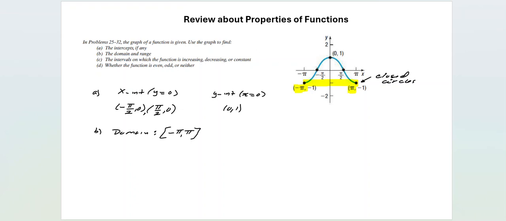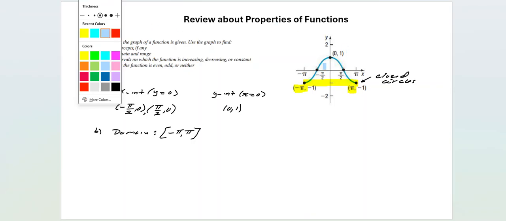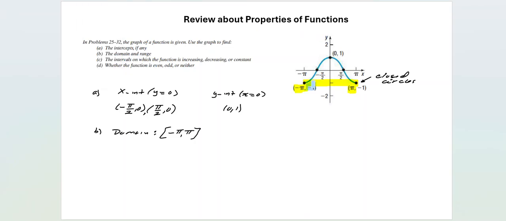Now, to analyze the range, we will go from the lowest y value to the highest y value. So analyzing the range makes me go from the lowest y to the highest y. And then what is the lowest y value? We can see how the lowest y value is here, at minus 1, and the highest y value will be 1.